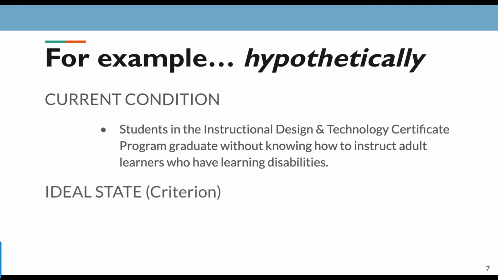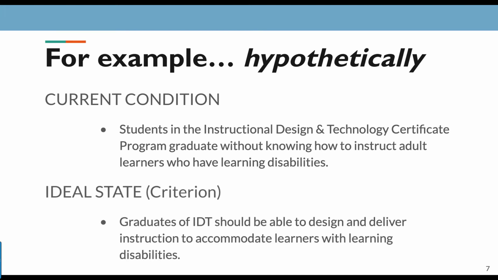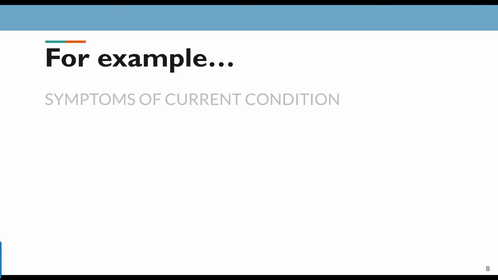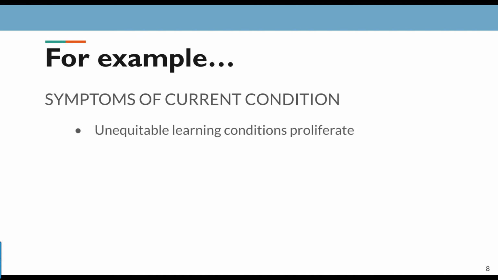What would the ideal state be, or the criterion? That would be that graduates of the program should be able to design and deliver instruction to accommodate learners at any level with learning disabilities, with an understanding and an ability to develop and design instruction. Continuing the example, symptoms of the current condition. There's inequitable learning conditions that proliferate.